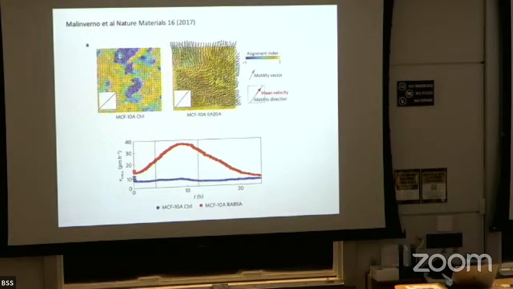So this is a picture of the velocity of these things. This is the velocity where you don't add the RAB5A. It's just the mean velocity, so they're moving around randomly and rather slowly. This is the velocity where you do add the RAB5A, and you can see that the velocity goes zooming up. And for a biological experiment, that's wonderful.